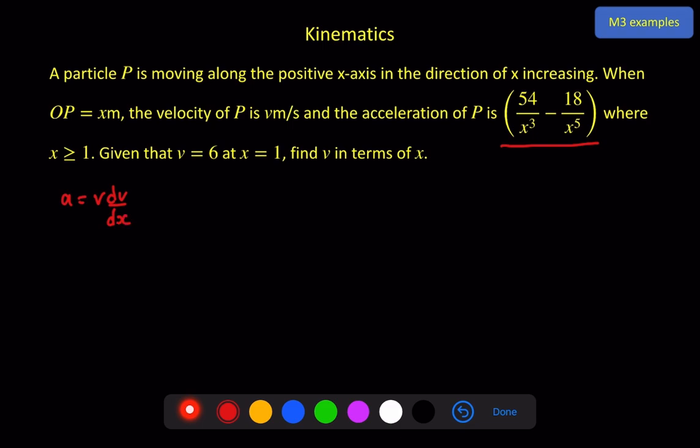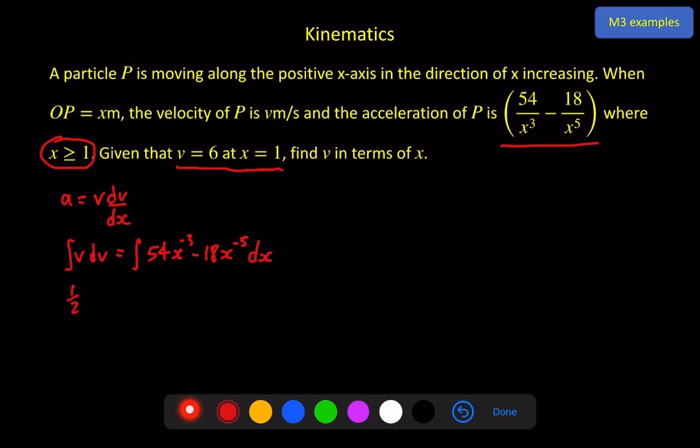So if we have v dv on the left, we've got the integral of acceleration, which is 54x to the minus 3 minus 18x to the minus 5 dx, like so. There is a little caveat here that x is greater than or equal to 1, and we've got some boundary conditions here. Find v in terms of x.